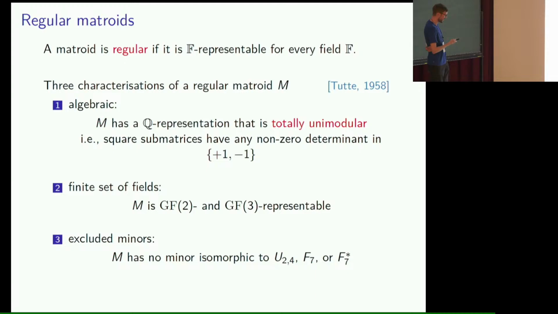Another characterization, we could look at finding a finite set of fields such that you're representable over this infinite set of fields if and only if you're representable over this finite set of fields. For regular matroids, GF2 and GF3 works. You can in fact do GF2 and any field that has characteristic not 2. So that's the picture for regular matroids.